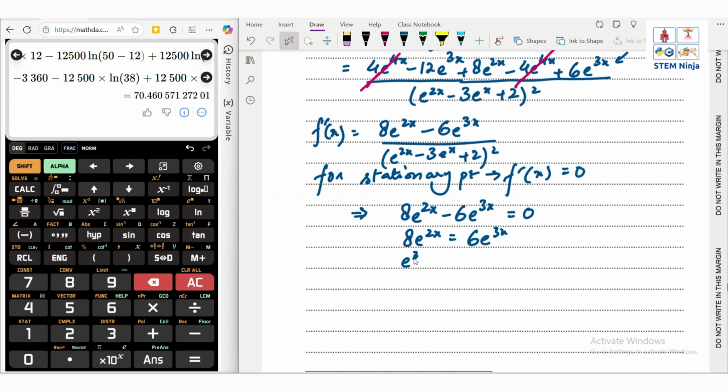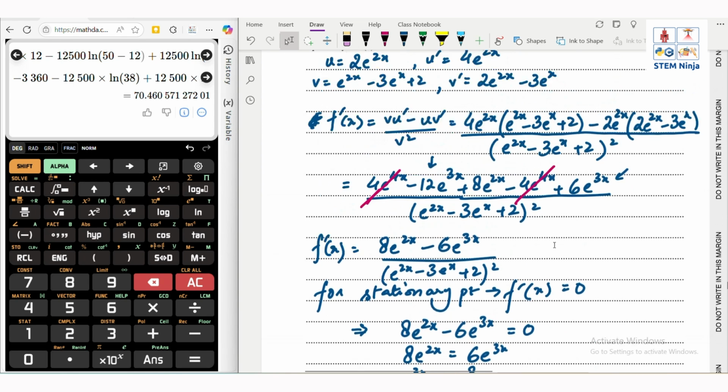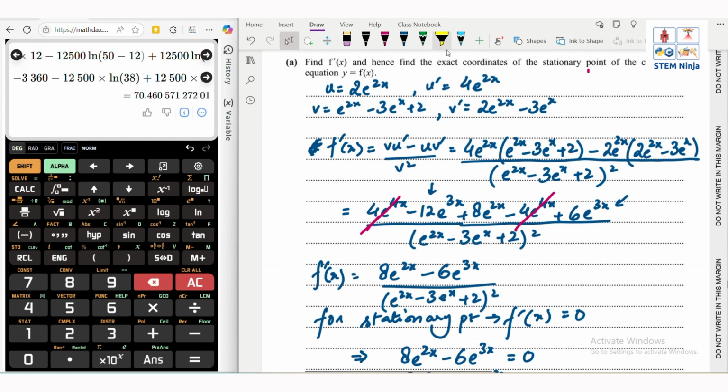So e raised to power 3x divided by e raised to power 2x equals 8 divided by 6. This becomes 3x minus 2x is x, so e to the x is 4 over 3. Therefore, x would be ln of 4 over 3. So that would be the final answer.